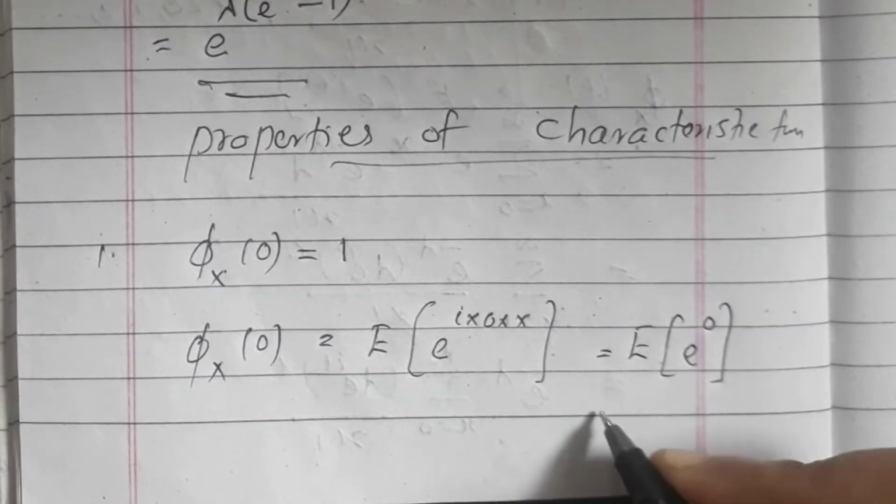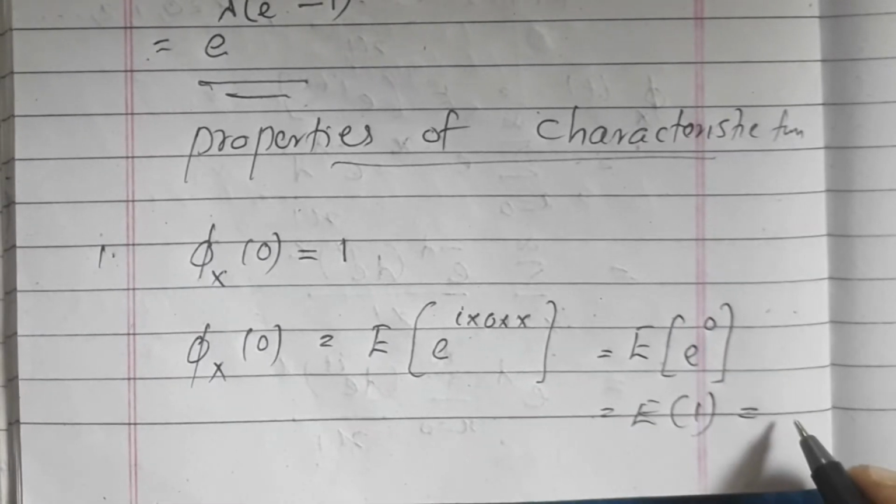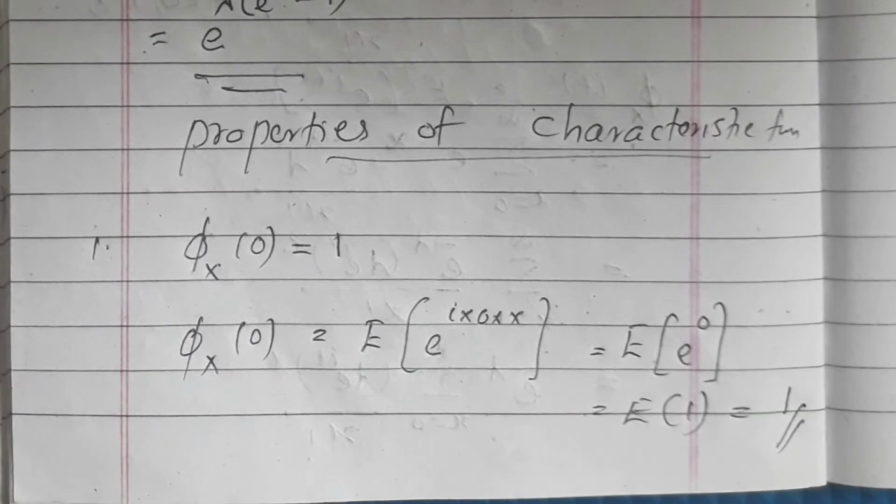E raised to 0 is 1, so expectation of 1 is equal to 1. So for all real t, we have phi of 0 is equal to 1. This is the first property.